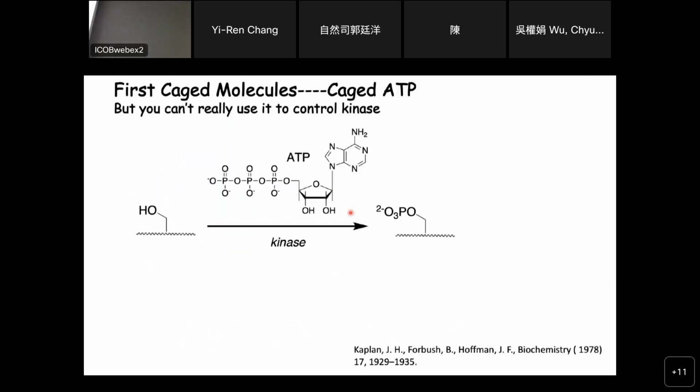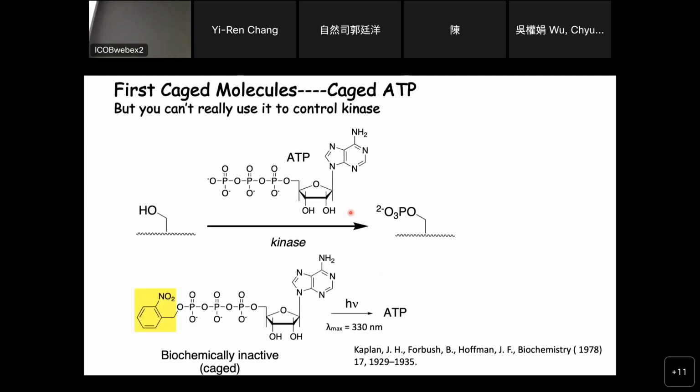All right, so when I was 6 years old, Dr. Hoffman's group came up with the idea of adding this ortho-nitrophenyl group on ATP, so that they can control the reaction using ATP as a reactant.